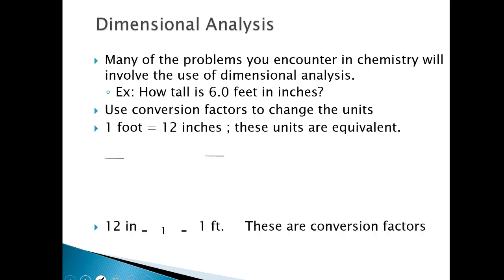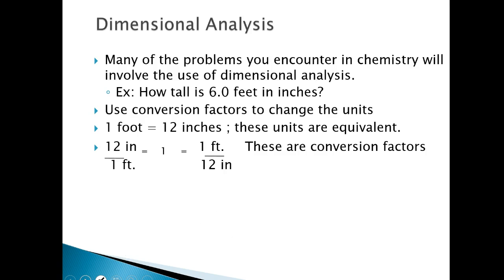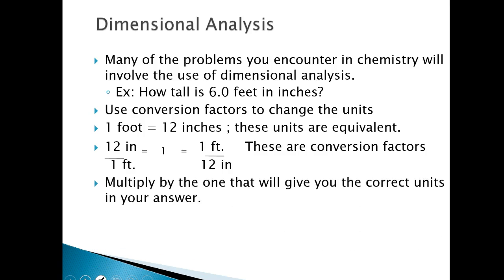Okay, and we're going to set it up as a fraction where either 12 inches is over 1 foot or 1 foot is over 12 inches, because when those divide, because they're equal to each other, they're equal to 1. And those are called conversion factors. They're fractions. And that's what we're going to use to do dimensional analysis with. Basically, what you're going to do is you're going to multiply by the one that will give you the correct units in your answer. So let me show you how this is done.